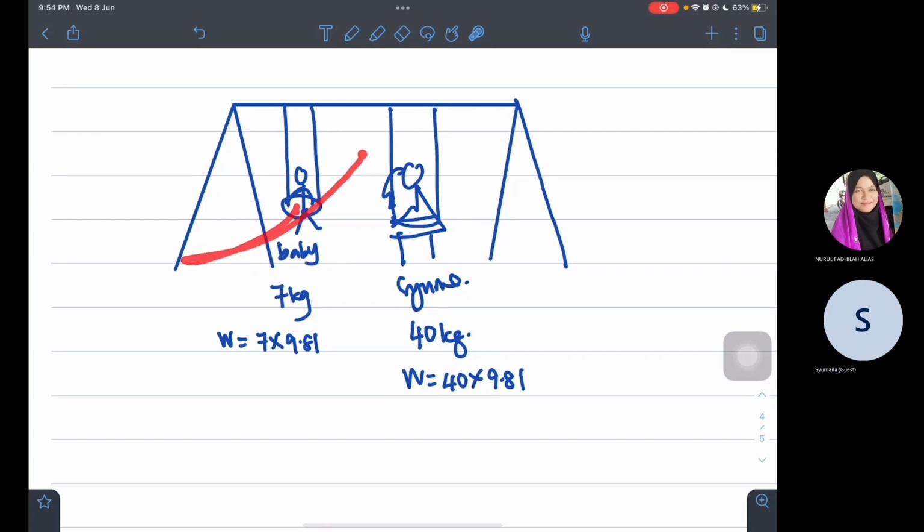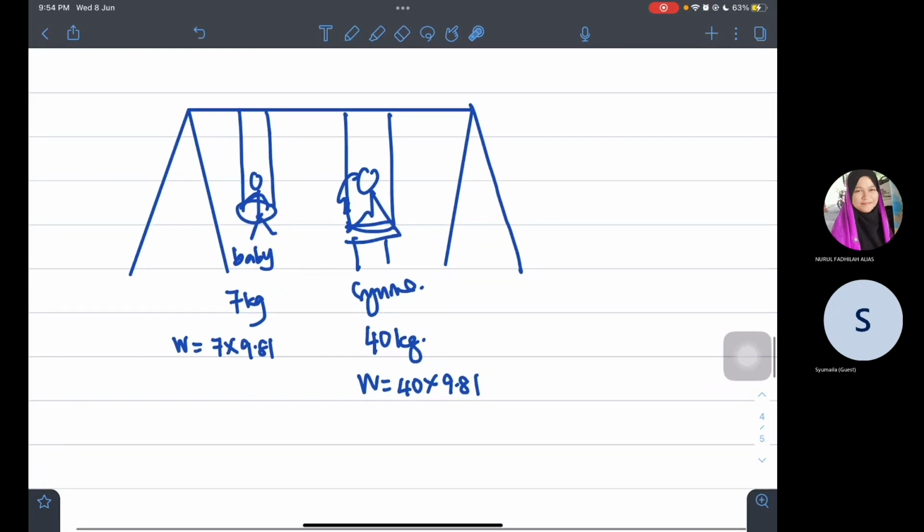Okay, now dah berayun. Siapa yang easily can stop? The baby as well. Kenapa? Sebab dia ada less mass. Sebab apa? Nak start, tadi dia tak bergerak. Okay, the baby is stationary. Jadi dia nak bergerak tu, something is trying to change it kan.